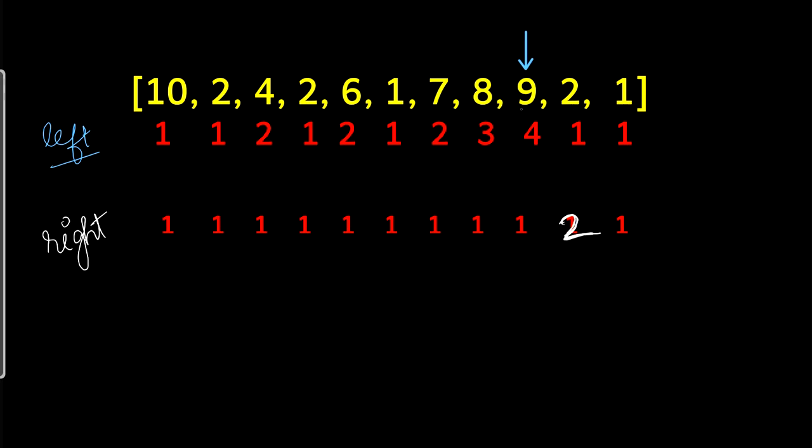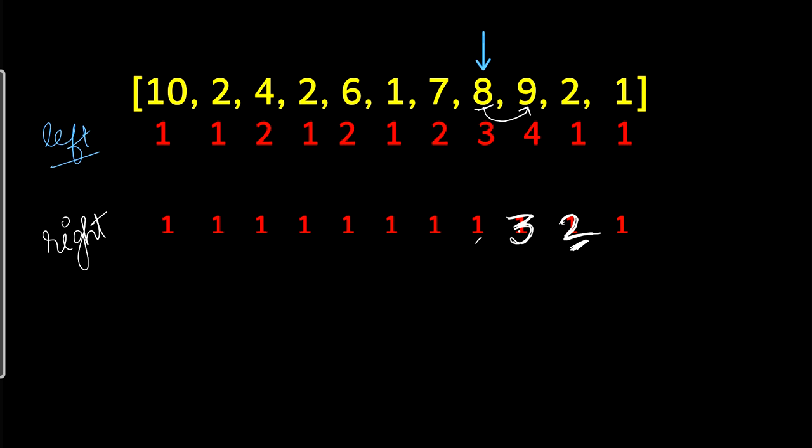Then for the next child, here 9 rating. If I compare with the right neighbor, 9 is greater than 2. So if 9 is greater than 2, this child should get more candies than this child. So 2 plus 1, here this child would get 3 candies. Then for 8, if I compare 8 rating with 9, 8 is not greater than 9.